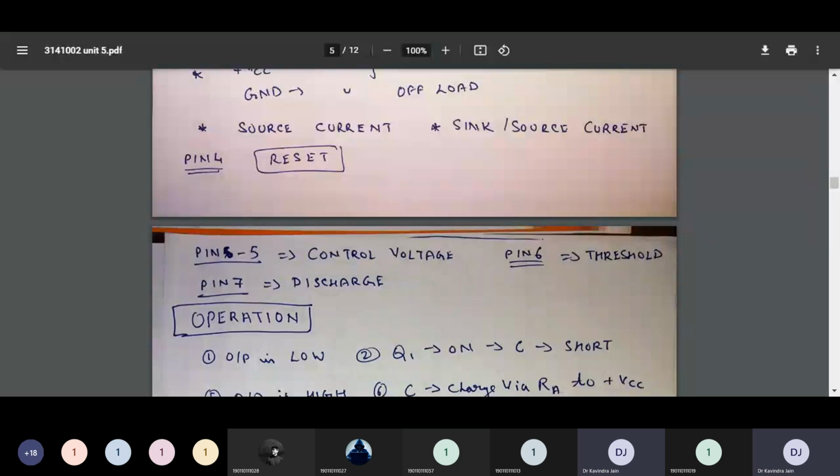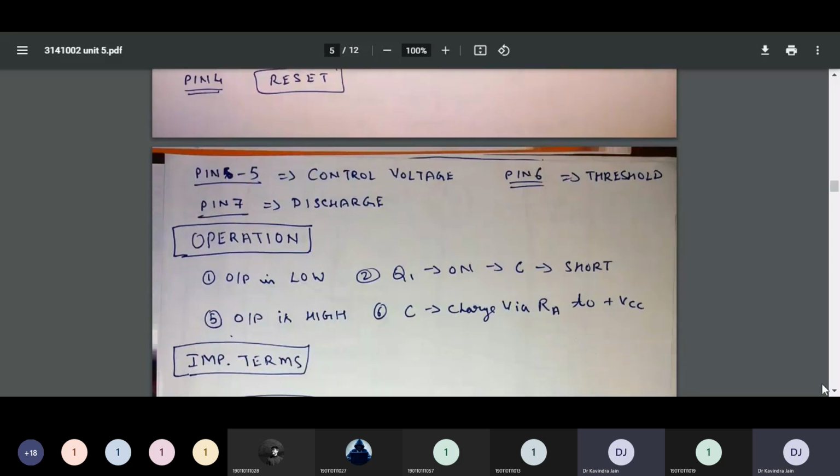Step number 4: Q1 is off, which releases the short circuit across C. Fifth step: so output is high.